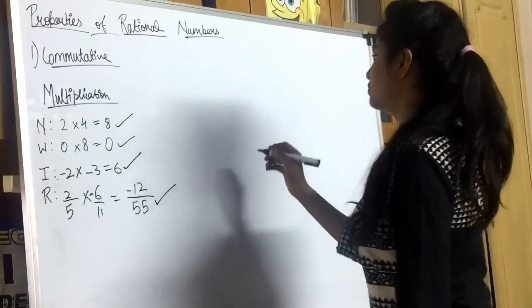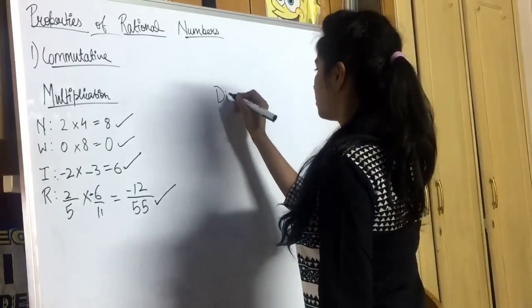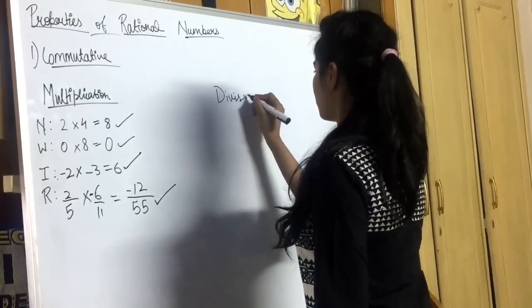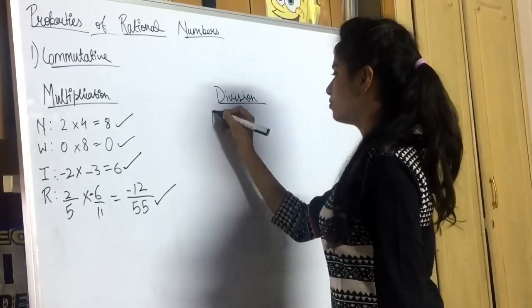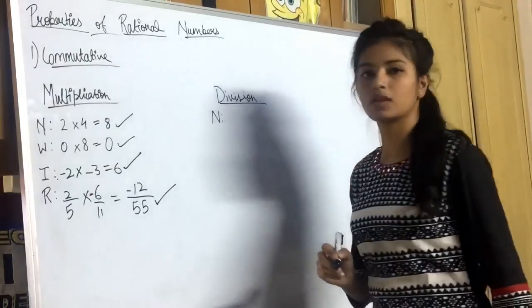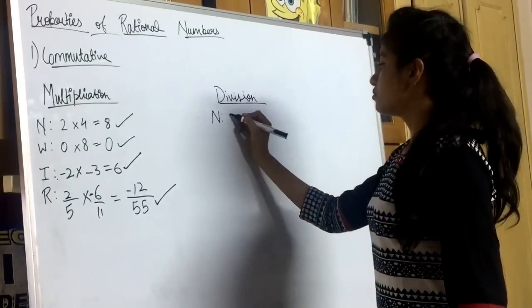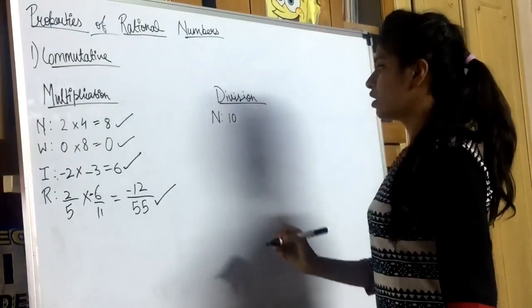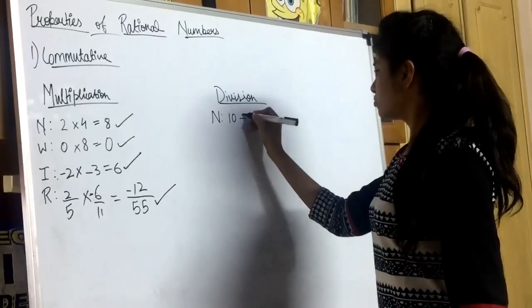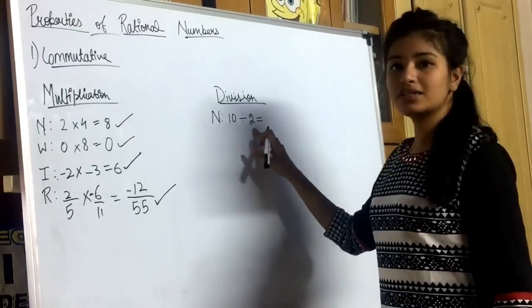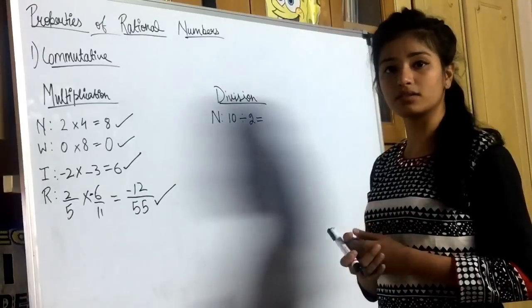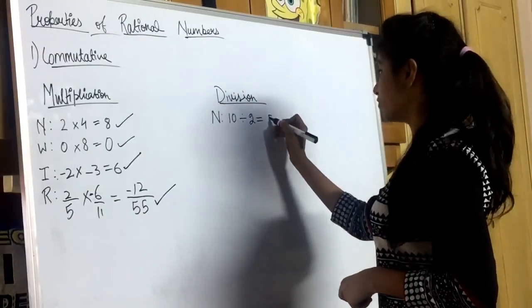Now we see for division. Let's take a natural number, say for instance 10. 10 divided by 2, which is again a natural number. Does this give us a natural number again? It gives us 5.